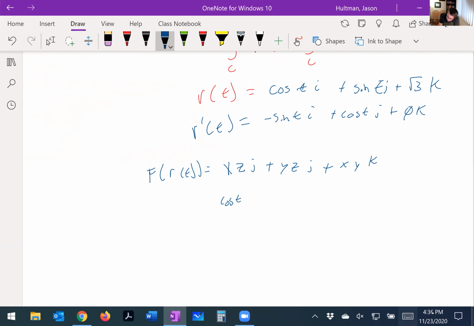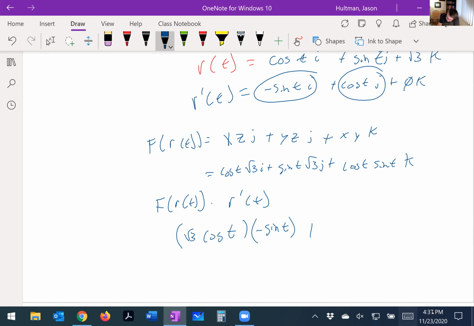Okay, so now what we want to do is take the dot product of F of r of t with r prime of t, the thing above it. So this is going to be radical 3 cosine t i times negative sine t, plus radical 3 sine t times cosine t.